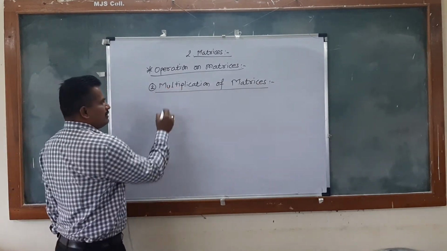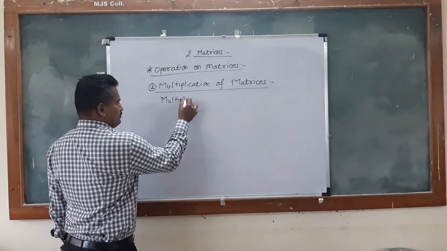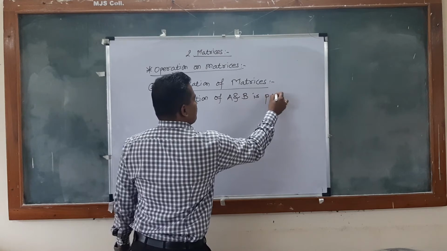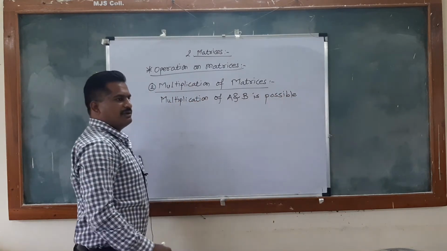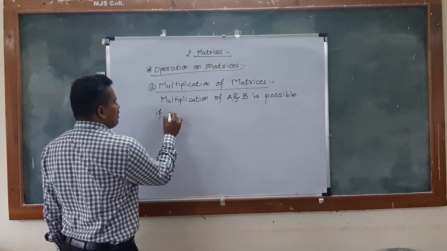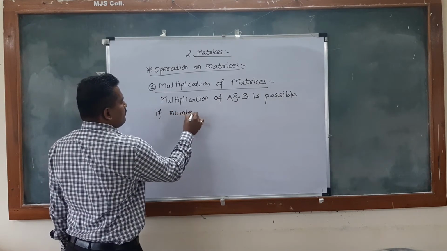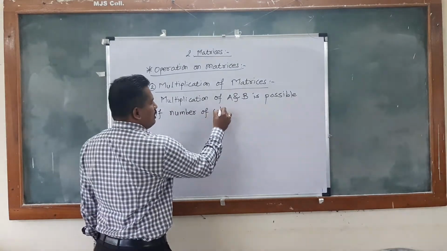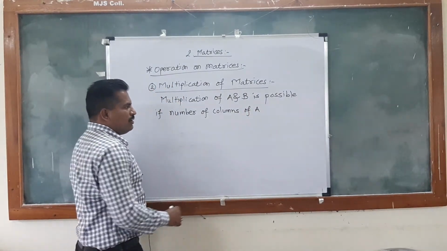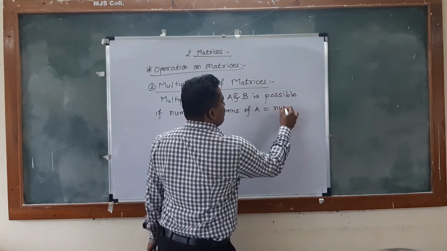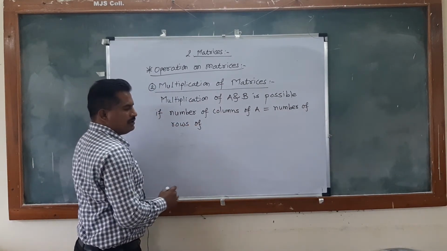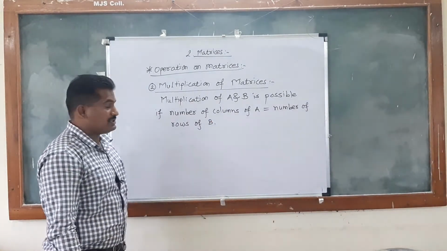Multiplication of A and B is possible if the number of columns of A is equal to the number of rows of B. There is a restriction.